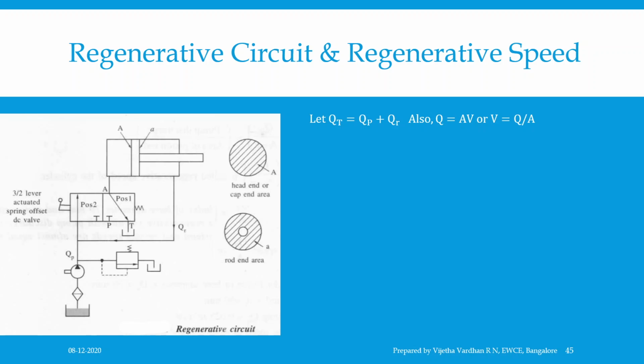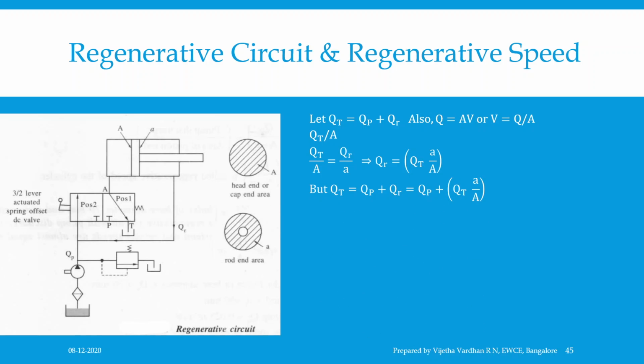Now, the speed of the piston during the extension will always be proportional to QT by A. But the speed of the oil entering the head end of the piston must be equal to the speed of the oil leaving the rod end. That is, QT by capital A is equal to QR by small a, upon which, on further simplification, we can write QR is equal to QT into small a by capital A.